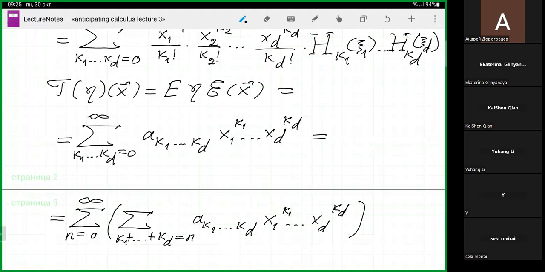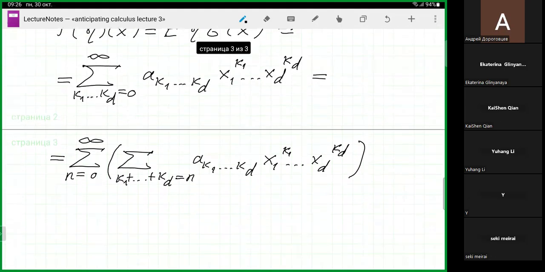So inside of brackets, we have a homogeneous polynomial of the degree n, yeah, of the degree n. So one can even rewrite this polynomial with the following help. Let us consider this summand separately.